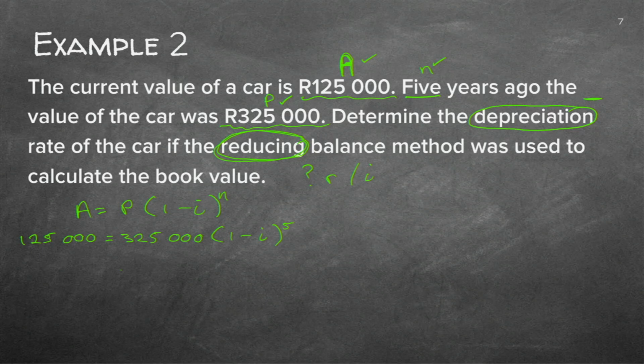So what do we do? We first get rid of the further stuff. I just want to show you quickly, 3 to 5,000. Because it's all thousands, you can just cancel those 3 noughts on the top and the bottom just to make it easier. I'm left here with 1 minus I to the power of 5.